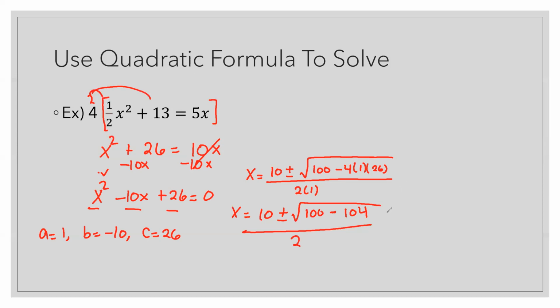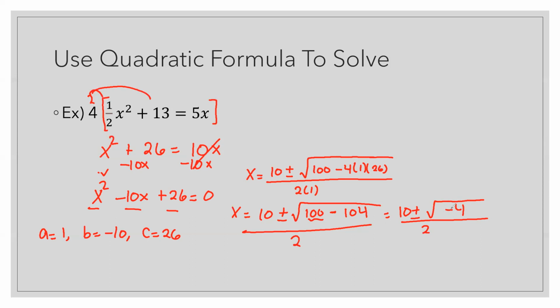Yes. So what's 100 minus 104? That's -4, all over 2. Now you can't have a negative in the radical, because you just can't.